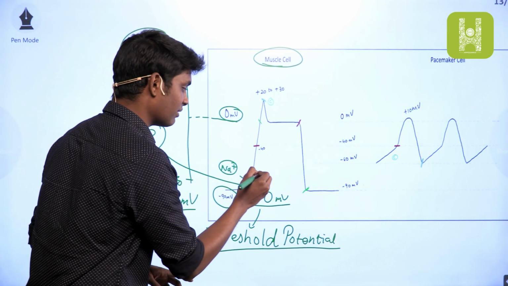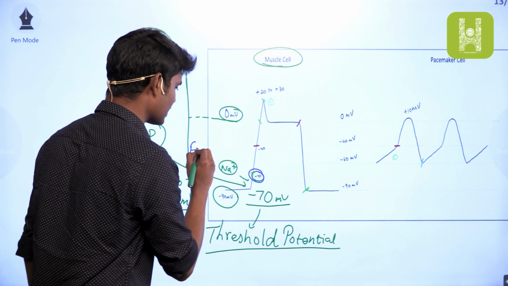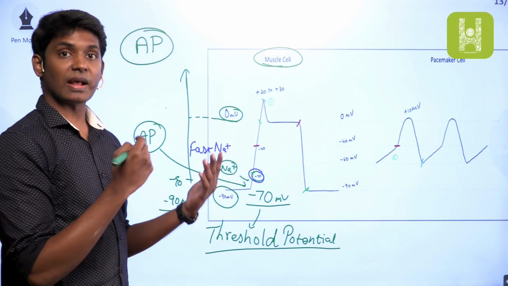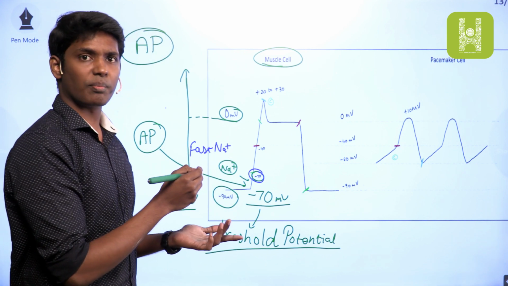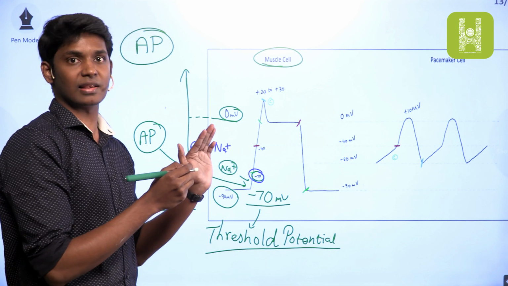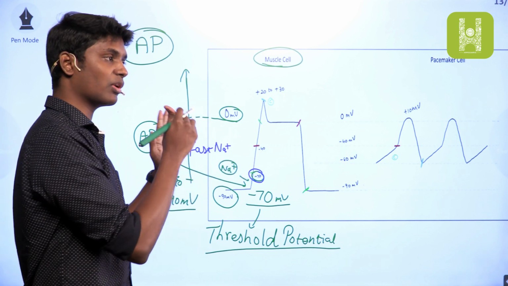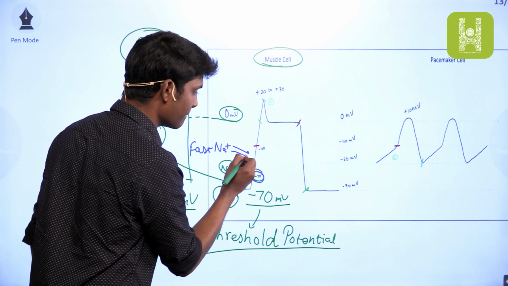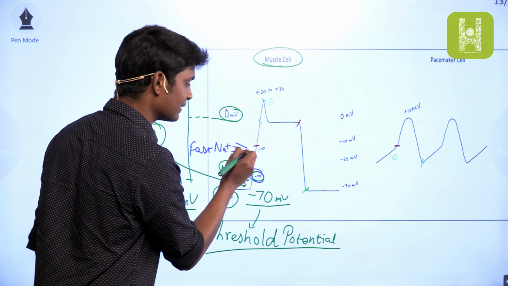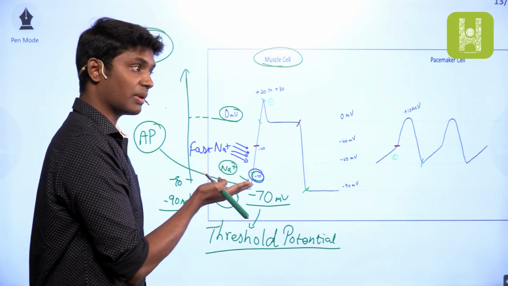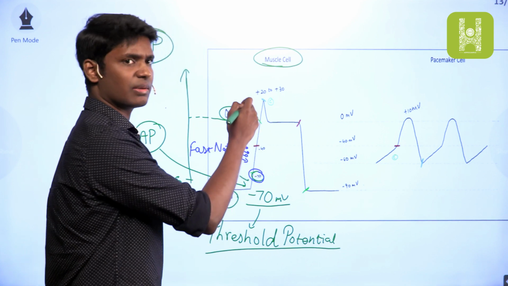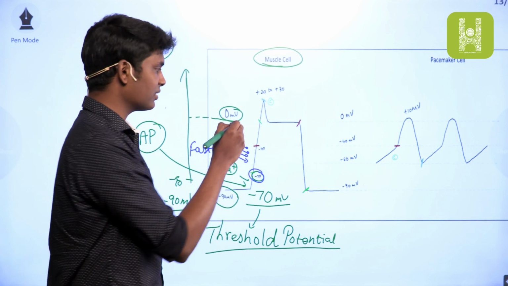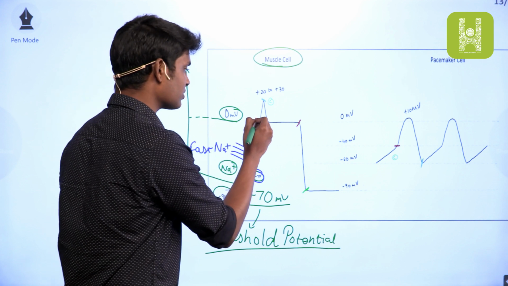At that point, the fast sodium channels open. We all know sodium is present more outside the cells, so when a channel opens, sodium will move from outside the cell to inside the cell. More and more sodium enters the cell, so that the potential of the cell becomes more and more positive, and it will be very steep. It will become positive very rapidly. And once the potential reaches 0 millivolt, the fast sodium channels close.